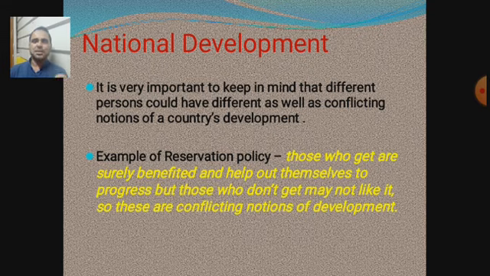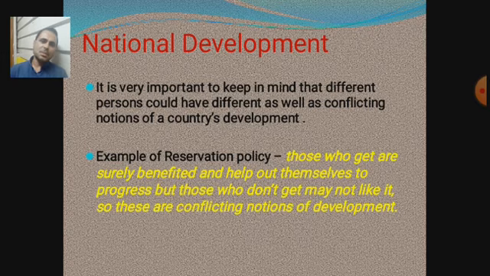But what about those groups of people who do not receive these facilities? They may not be happy with this, but no doubt this kind of facility is helping one group of people to grow in their life, and it is the need of the time, or we can say their requirement.